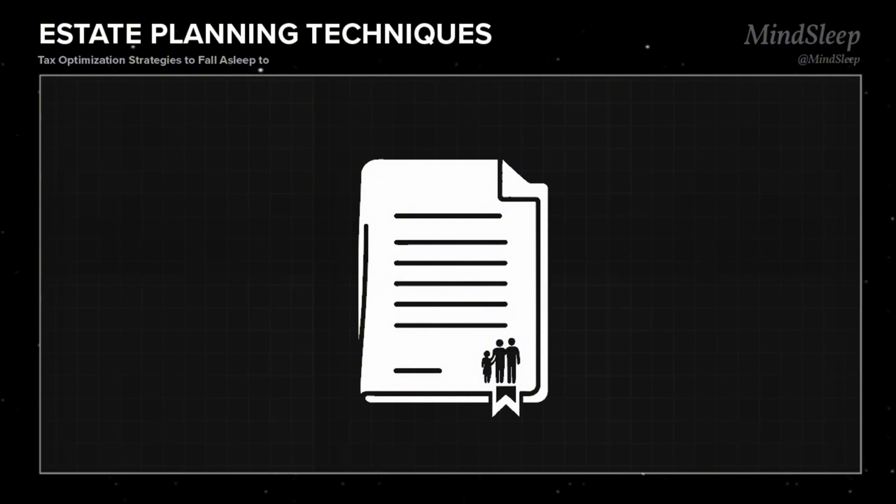Moreover, estate planning techniques often intersect with complex family dynamics. The decisions made in structuring trusts and gifts can have profound effects on familial relationships, sometimes creating tension between the desire for financial optimization and the maintenance of family harmony.